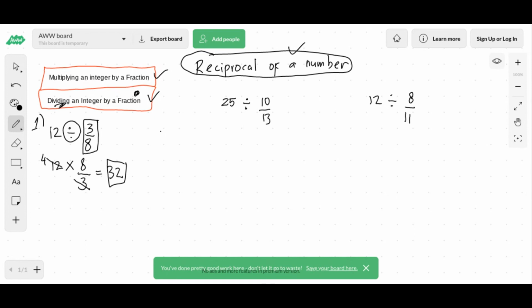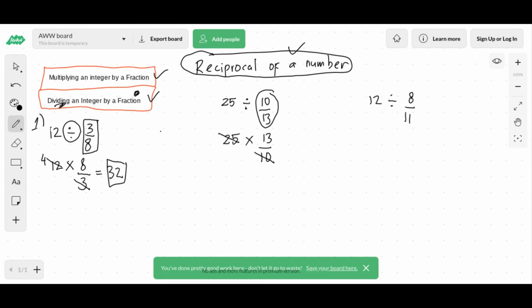Remember, in dividing by a fraction, the divide becoming multiplication, and you find the reciprocal of the number. The same thing for here, this is becoming 25 multiply. So find the reciprocal of 10 over 13, which is 13 over 10, and you can cancel out this one and this one.